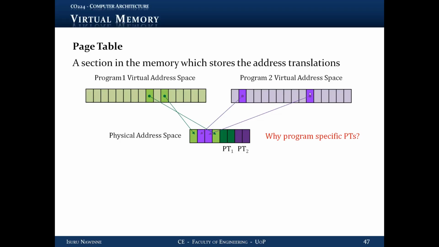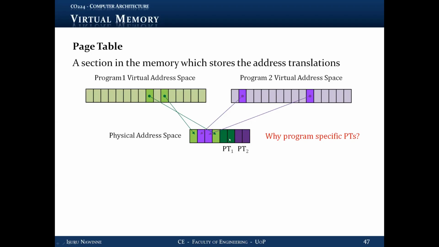Page number 5 from program 2's address space is mapped to a different frame in the memory, right? So these mappings for the same virtual page numbers can be different. The physical page numbers corresponding to virtual page numbers, even though the virtual page number is the same, the mapping can be different for different programs' virtual address spaces. So that is why we need program-specific page tables.